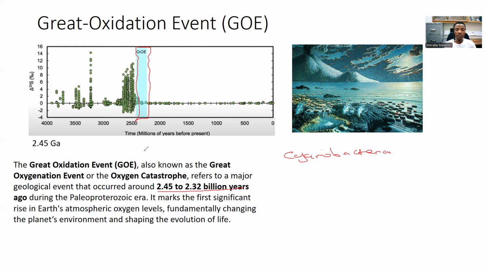There's a major shift which happened here. It divides the reducing environment from the oxic environment. But I'm going to explain now why the Great Oxidation Event was very important.